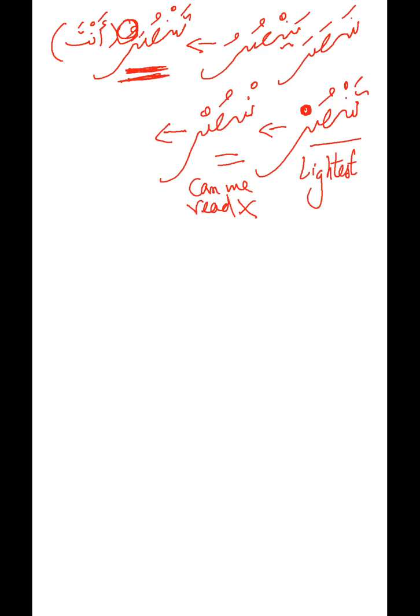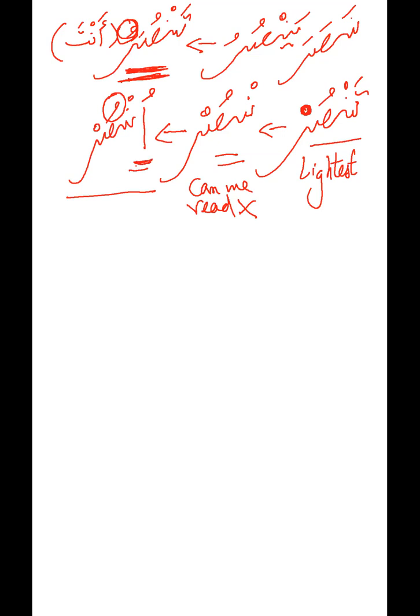Add the helper alif. And what will be the haraka on the helper alif here? Unsur. Excellent. Yes. Because on the middle letter, or the second last letter, whichever way is easier for you to remember, it has a dhamma.